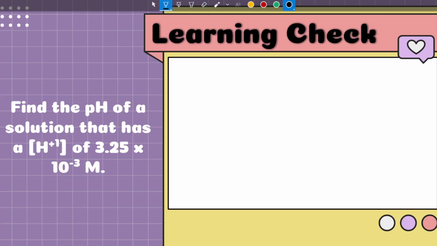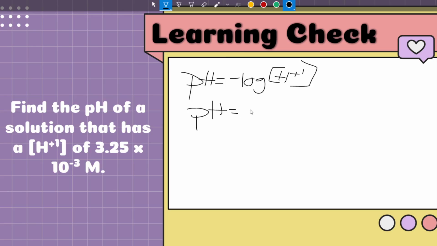I write my equation out. pH is equal to the negative log of your hydrogen ion concentration. So my pH is going to equal negative log of 3.25 times 10 to the negative 3, and then I put it into my calculator.